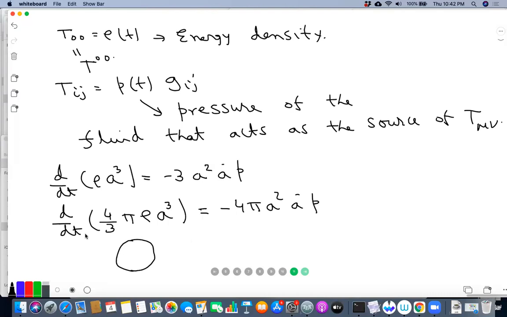It's telling us that the rate of change of total energy inside a co-moving volume is given by the work done by the fluid during the expansion. So this is energy conservation. This is the informal way of seeing the formal statement that this equation represents, d mu T mu nu equal to 0, which is the same as the energy conservation equation.